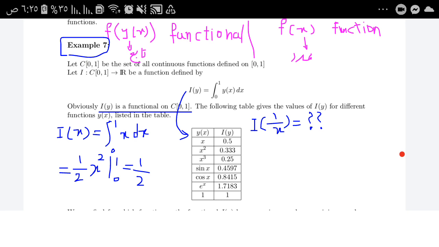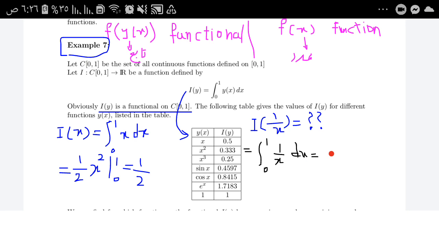Okay, that's the manner. The answer is the integral from 0 to 1 of the function 1 over x. But the reason is not that 1 over 0.